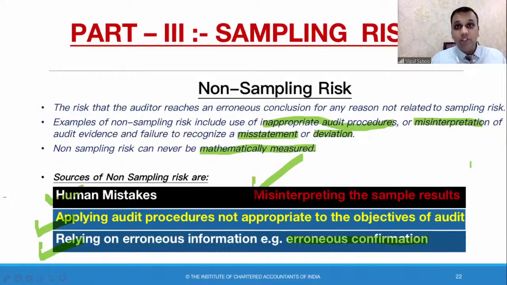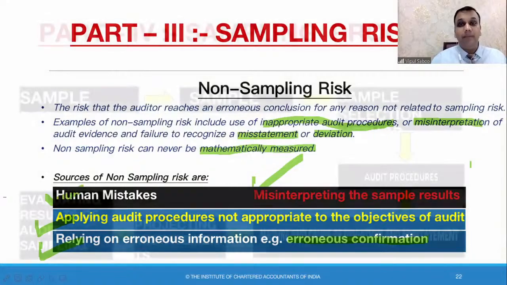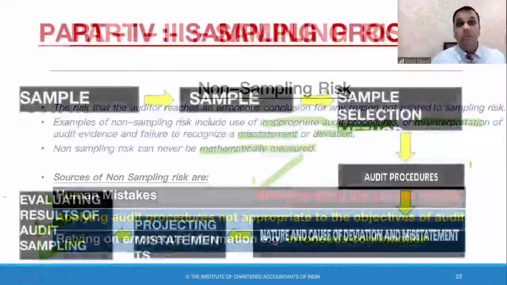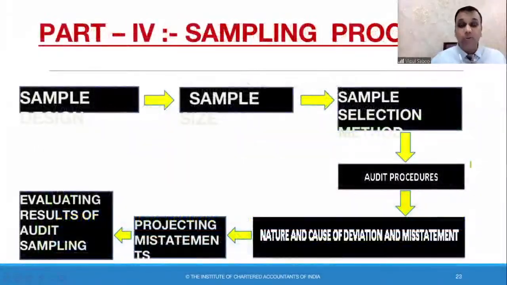In the next session, we'll be finishing off this chapter with the last part remaining and a more detailed part, the sampling process. How does the sampling process work? How do you design a sample as an auditor? How do you calculate what should be the sample size? And how should the sample be selected, using what methods?